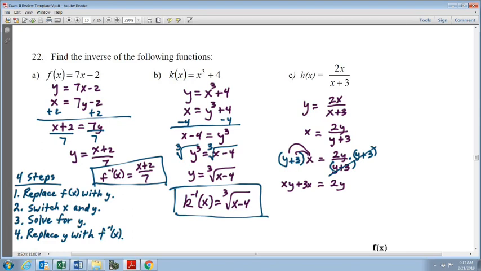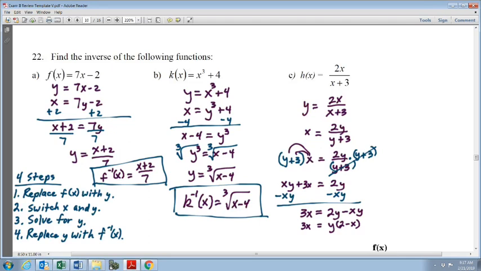Now, if I'm going to solve for y, I need my y terms on the same side. So let's subtract xy, and we can get both y terms on the right. And now we can actually factor out a common factor of y on the right. We're doing the distributive property backwards. Notice y times 2 is the 2y, and y times a minus x gives you the minus xy.